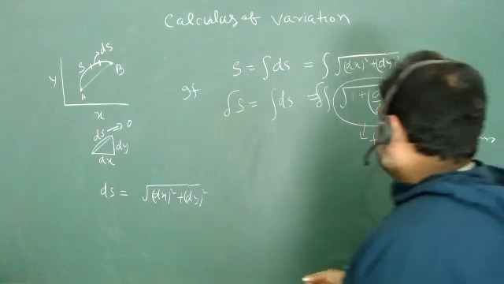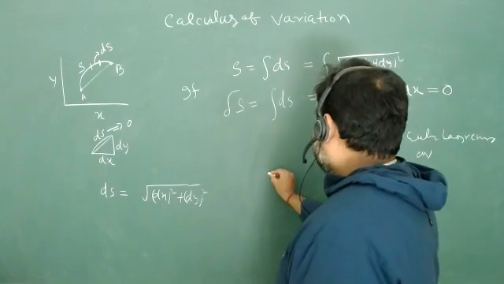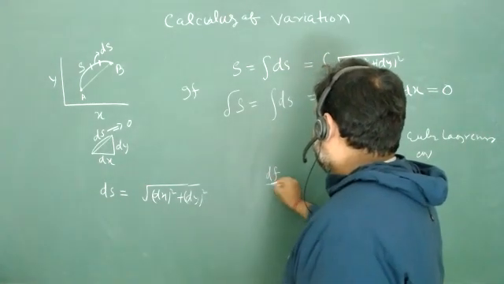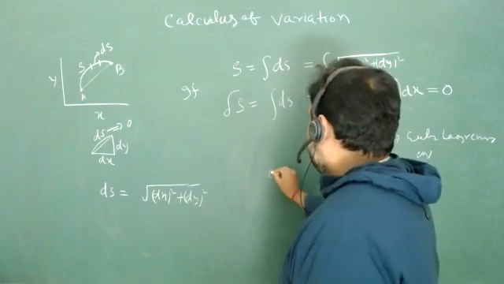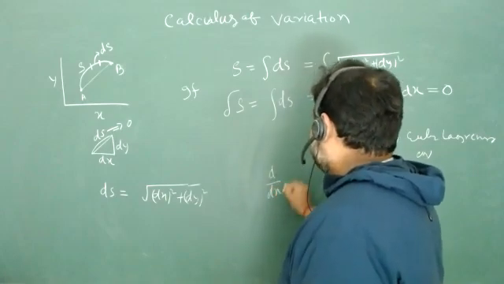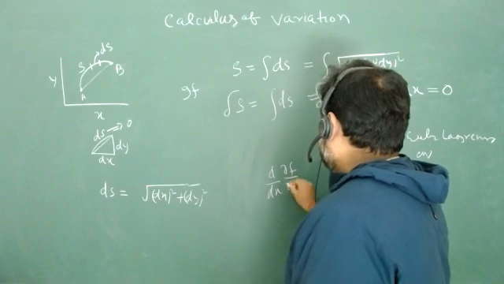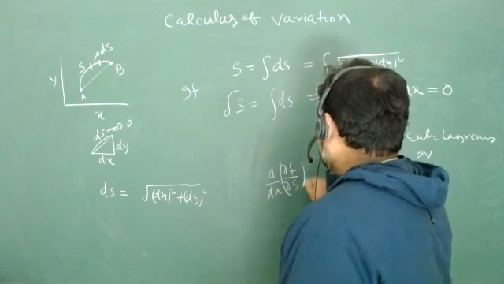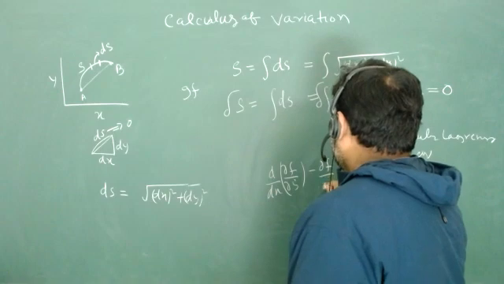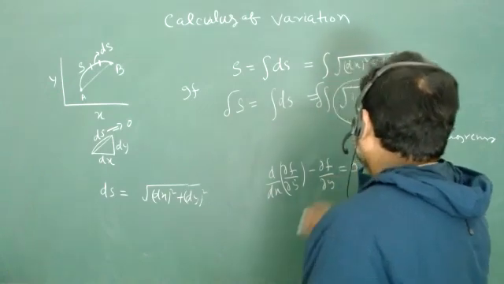So what will happen to this equation? I can write d upon dx of del f upon del y dot, minus del f upon del y, must be equal to 0.